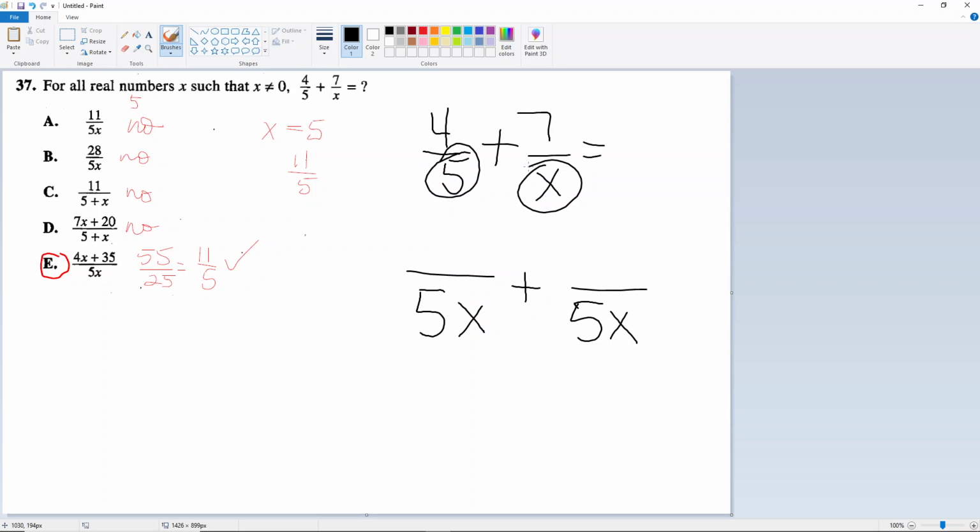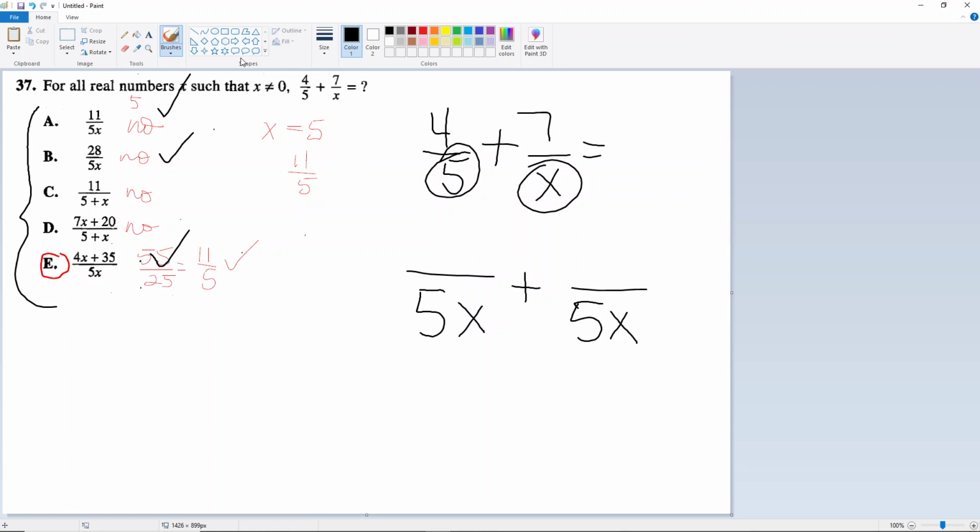So let's convert these fractions both into something divided by 5x. And by the way, if I look at the answer choices, I can see that only b and e are divided by 5x. I'm sorry, a is also. So I could probably eliminate c and d just by finding that least common denominator.